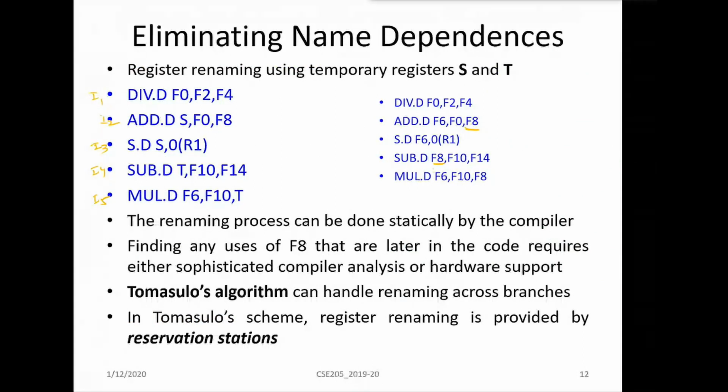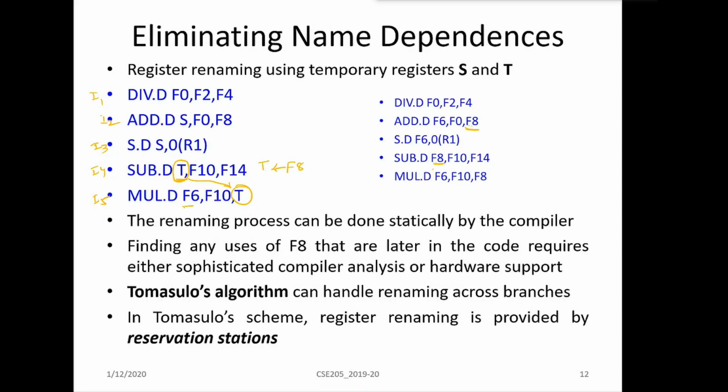Only the name of the register is the same, but it gives us the illusion that there is a data dependence. So we have to rename it. This F8 has been renamed as T. Remember, wherever it is used after that, all has to be changed. That is very, very important. Clear?